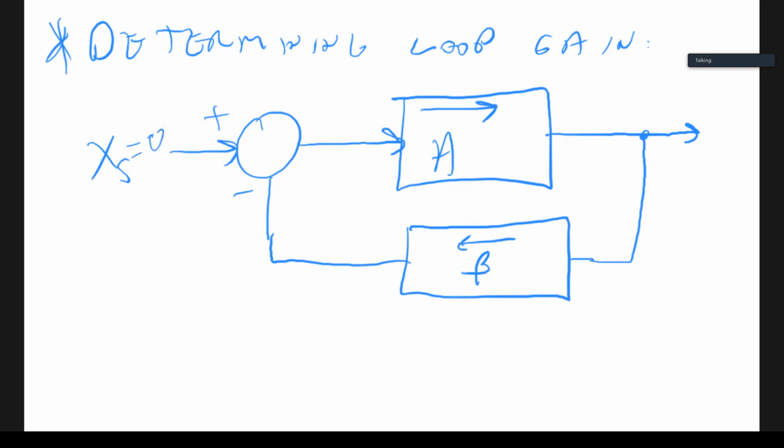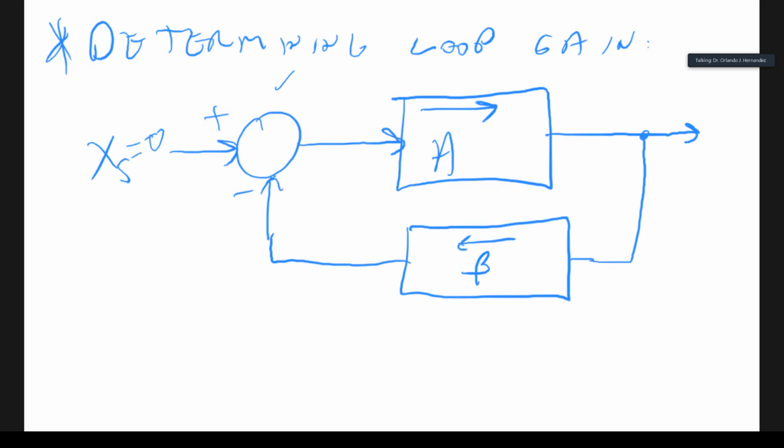Okay? So now this input is 0. So what we have out of this box here is just an inversion, because it's 0 minus the feedback signal.